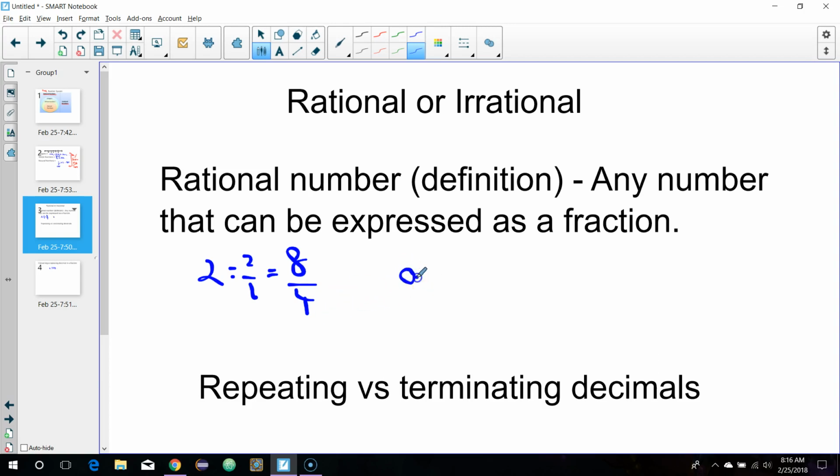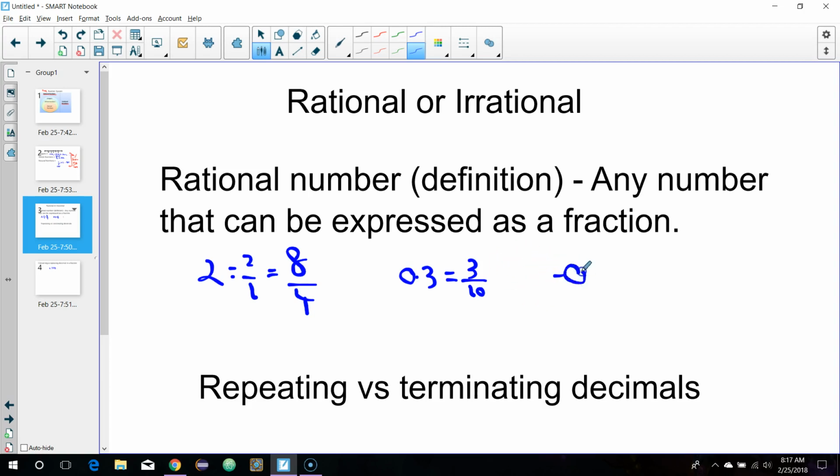Then we run into problems. Let's say I have 0.3. Is that rational or not? 0.3 is just 3 divided by 10. So yes, 0.3 is going to be a rational number. It's a decimal number, and it's a rational number. We can do something a little more.